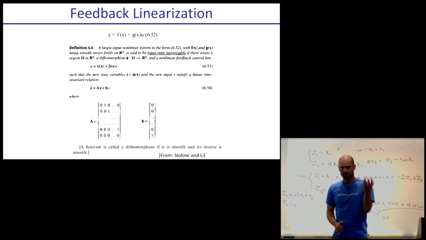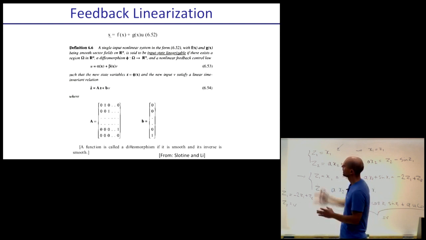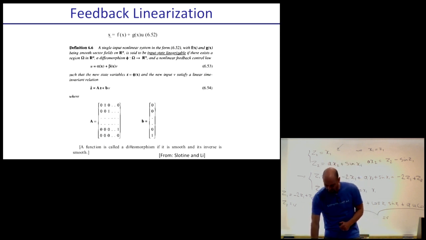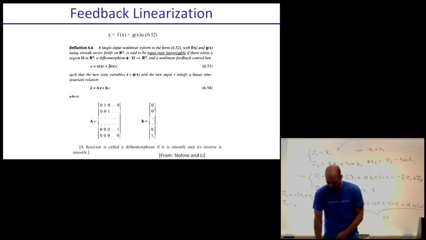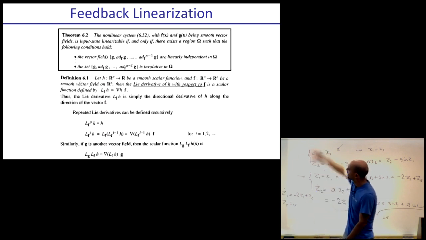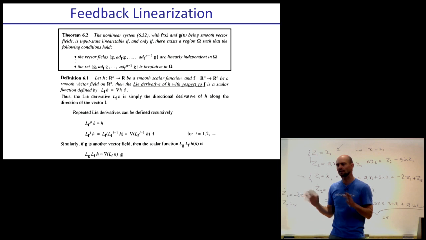So you can look at your system and write out some conditions which involve your f and g functions. Here's a definition of what it means to be input-state linearizable, meaning that if you're also allowed to do a transformation on your input variables, in addition to your state variables, can it be linearizable? And then there's some condition about a vector field being involutive and linearly independent, which is not that hard to check. If you carefully work through the definitions, you can check those things. It's reasonable to do.